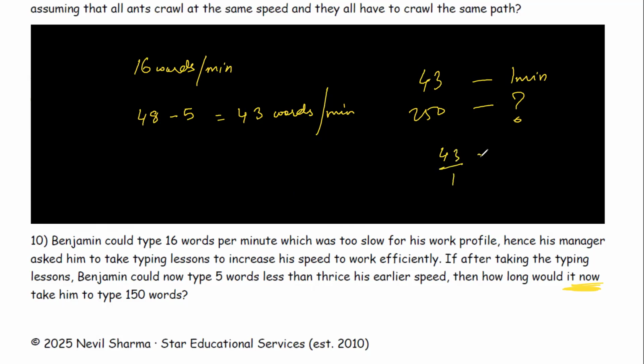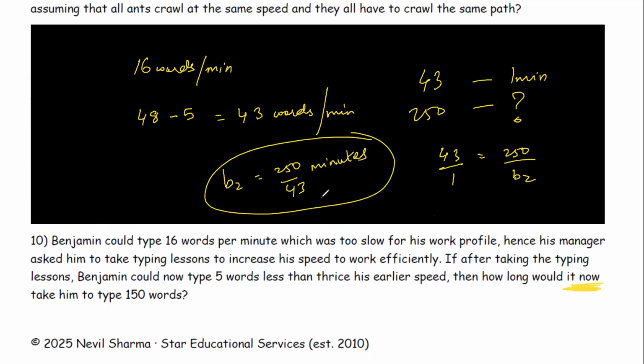So 43 over 1 is equal to 150 upon B2. So B2 is 150 by 43. And don't forget the unit. Unit is minutes. Right? So many people get confused out here. It's minutes. So that's why you need to write it properly, words, or use shortcuts. And that's it. That's your answer.